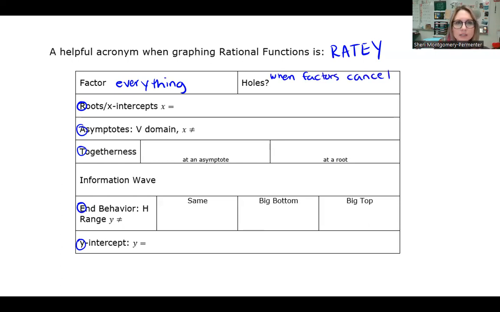When a factor cancels or gets simplified, that means there is a hole because you are removing that factor. So x cannot be equal to any factors that you remove. And when you have a hole, you're going to put a hole in your graph.